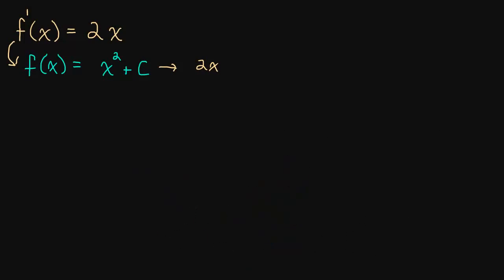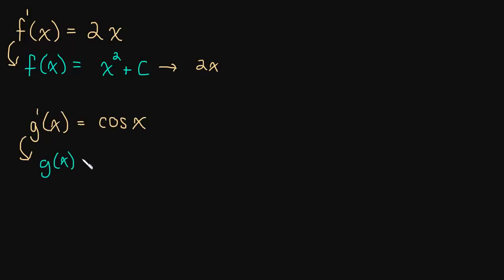So let's do another example of finding an antiderivative. Let's say g prime of x is equal to cos of x. What is the antiderivative of g prime of x?